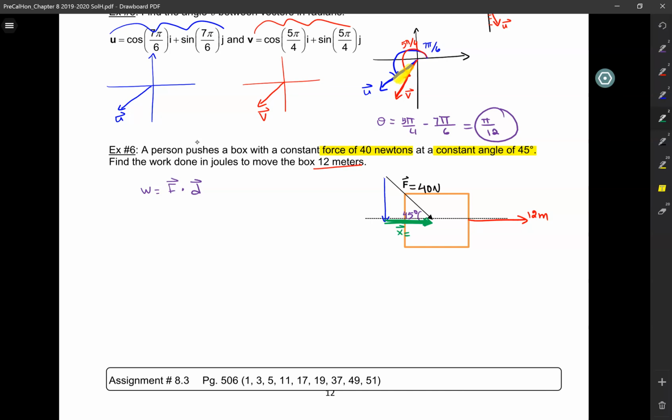It's F cosine 45, isn't it? So I can rewrite this as the distance times F cosine theta. The work, sorry.